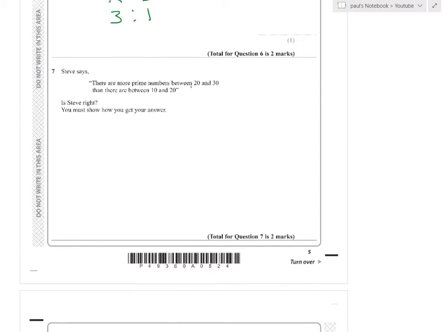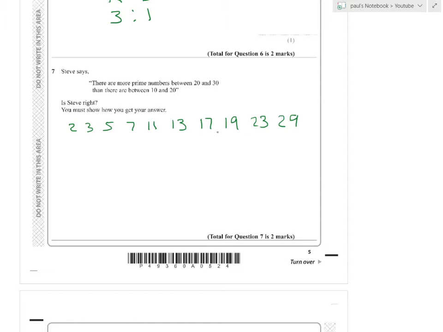There are more prime numbers between 20 and 30 than there are between 10 and 20. Is Steve right? Well, prime numbers are 2, 3, 5, 7, 11, 13, 17, 19, 23, and 29.